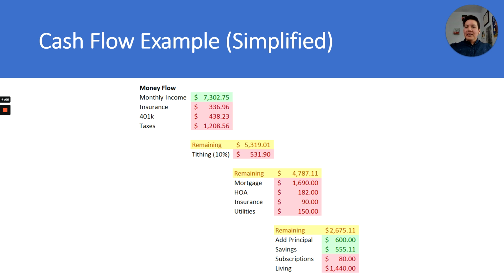And lastly, you'll see in the green boxes more flexible expenses, like adding $600 to the principal of my mortgage every month, and an additional $555 that go to savings, whether that is savings or vacations or other purchases for the future.